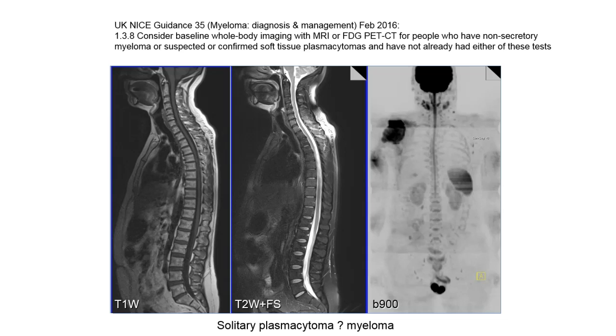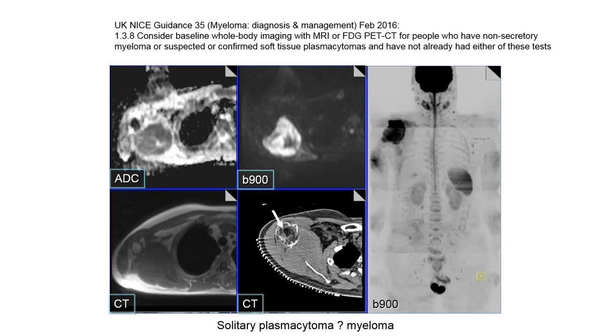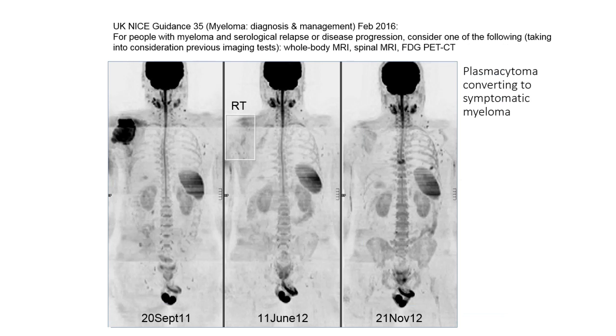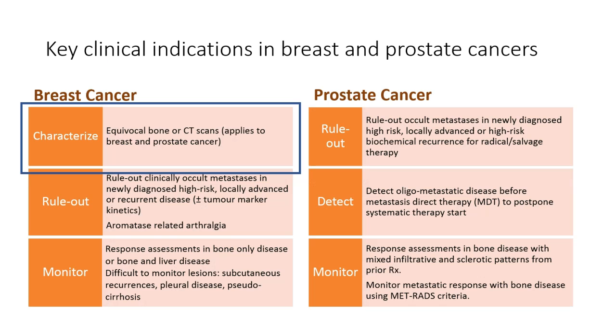So here is an example of somebody that we diagnosed using a whole body MRI scan with a plasmacytoma. And the question was, is this multiple myeloma? And the answer to that is no. This is a plasmacytoma. This was biopsied using the whole body MRI information, given radiotherapy, and then as we followed the patient with the rising tumor markers, you can see that there is the emergence of the symptomatic myeloma phenotype with multiple new lesions.